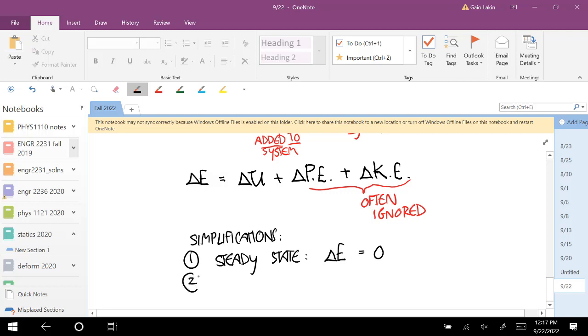Second, if we're doing this over a cycle, that means that at the end of the cycle, the state is the same as at the start of the cycle. So same thing, the change in energy is equal to 0.